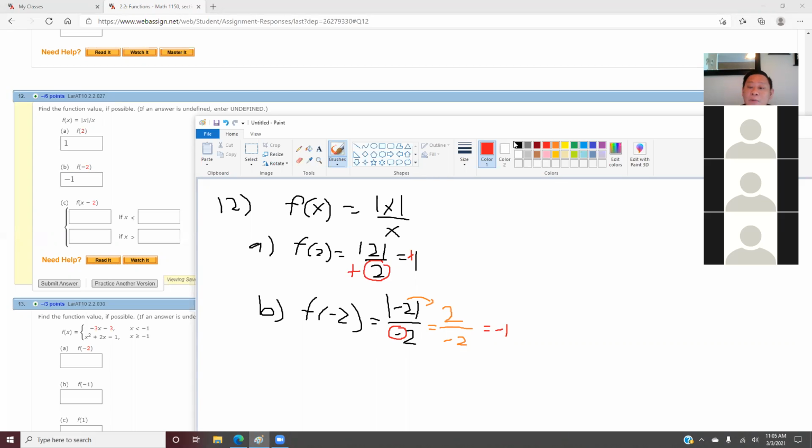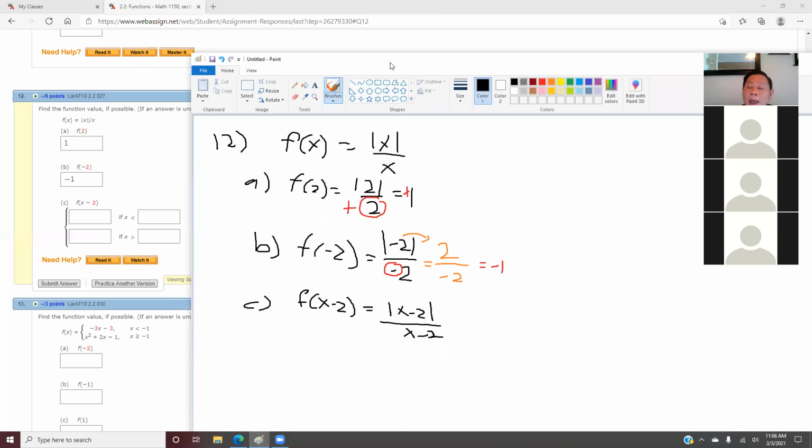Okay, so this will help us to do part C, f of x minus 2. What does f of x minus 2 mean? Our x will be replaced by x minus 2. As I mentioned earlier, the denominator plays an important role: if it is positive, your answer will be +1.